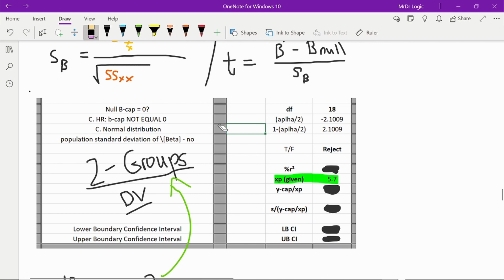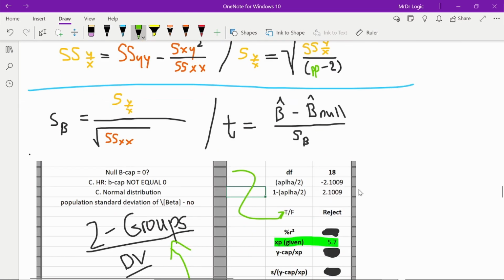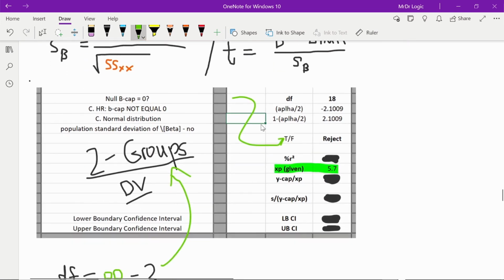And now we established that the b cap is equal to 0. And b cap is not equal to 0 as the research hypothesis. It's normally distributed. We don't know the standard deviation. And so now we start with the t's. So we ended up rejecting it. Obviously. Because that 3 is bigger than that 2. We ended up rejecting it regardless.